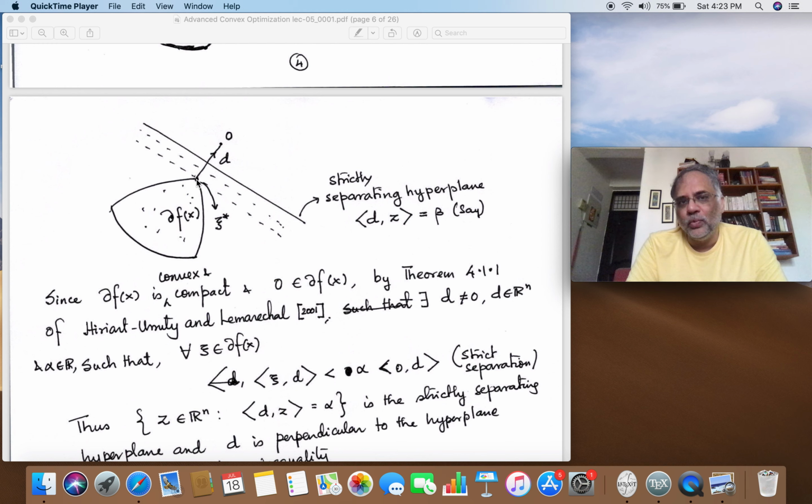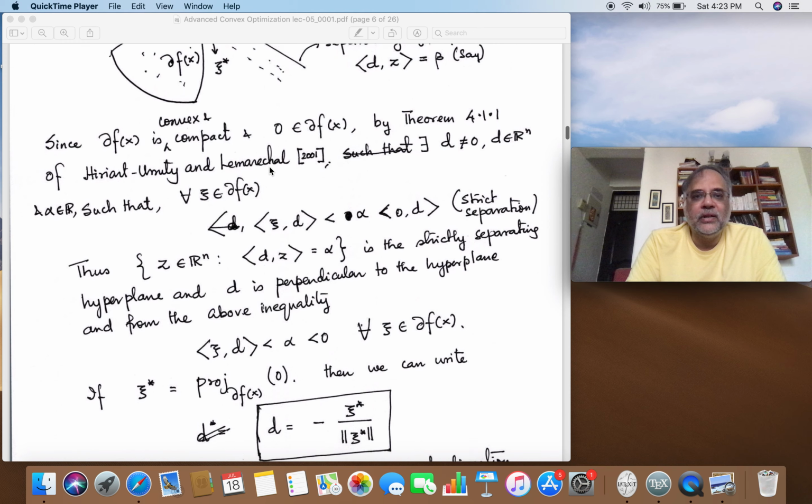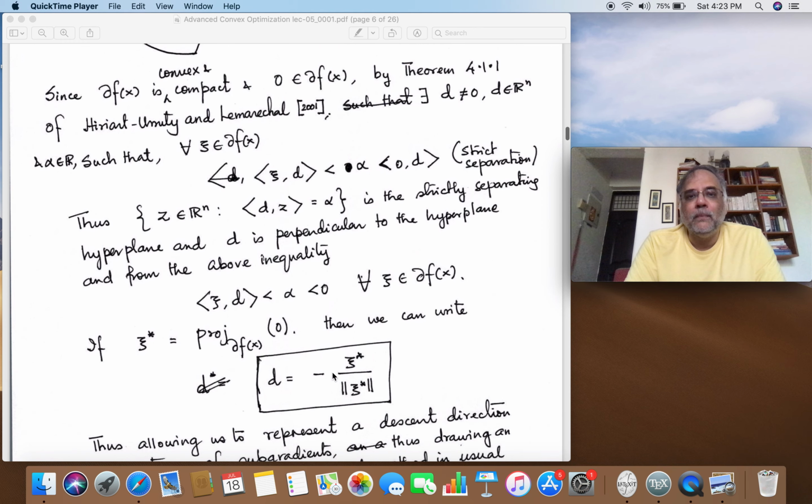Then you observe that any vector inside del fx must have an obtuse angle with xi star. So the direction d along minus xi star is a guaranteed descent direction. I can take the unit vector along this direction and write the required direction as minus xi star by norm xi star. So this idea of projection plays a very important role to find the direction of descent.